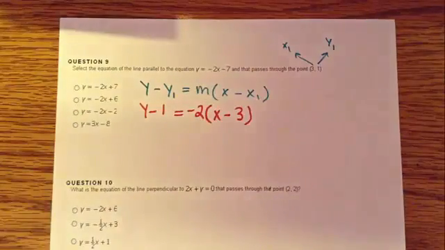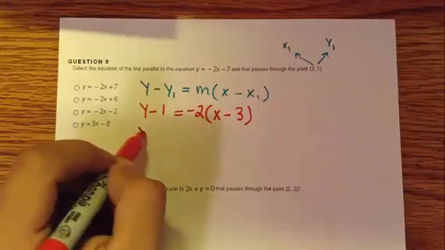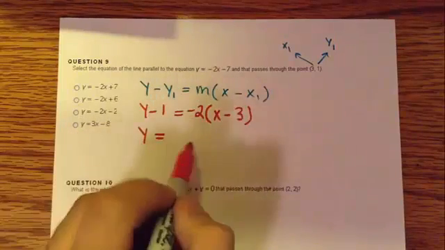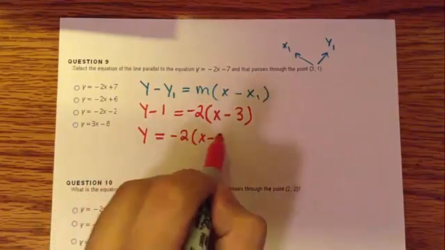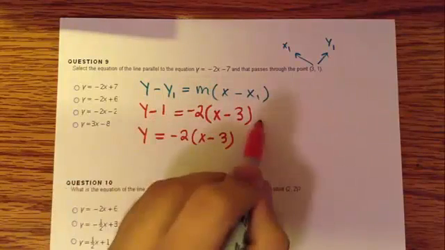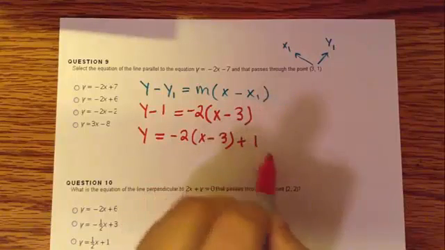Let's simplify this a bit more. We're going to have y equals, we're going to move this -1 to the other side, so it's going to be -2 times (x minus 3), and we're going to have a positive 1 since it's negative and we're moving it to the other side, so we're going to have +1.